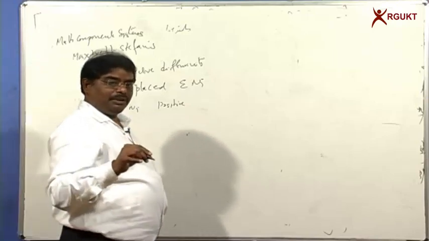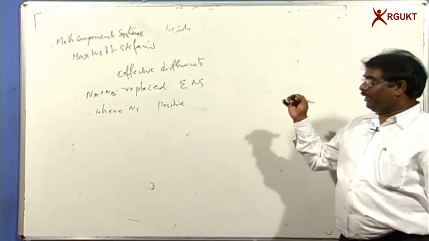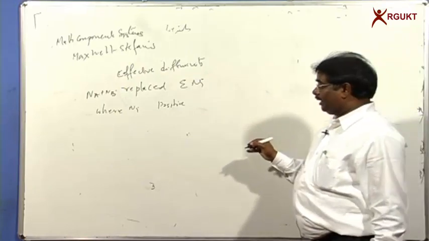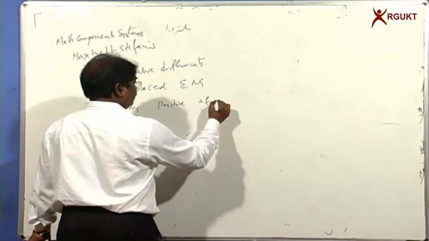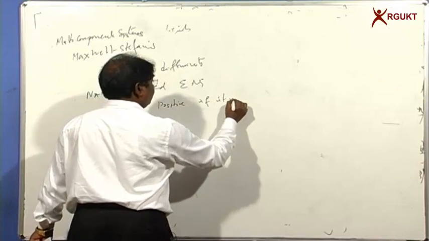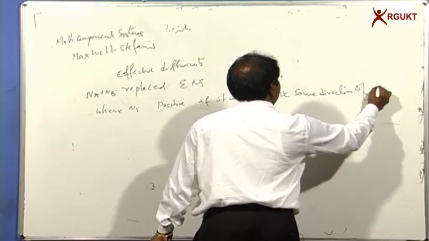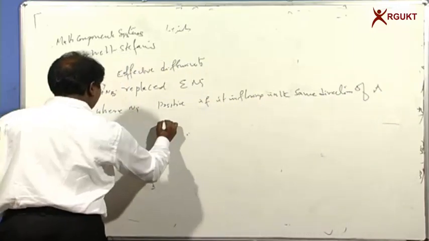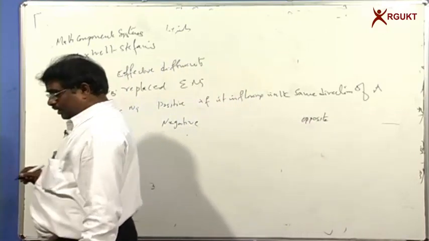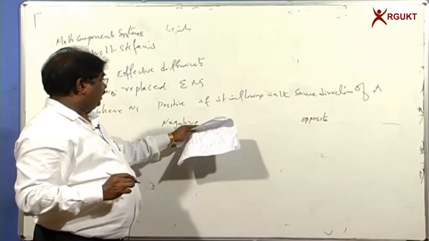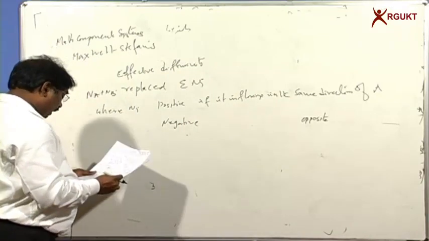If A is flowing in one direction and i is flowing in the opposite direction, Ni is taken as negative. So Ni is positive if it flows in the same direction as A, and negative if it flows in the opposite direction.